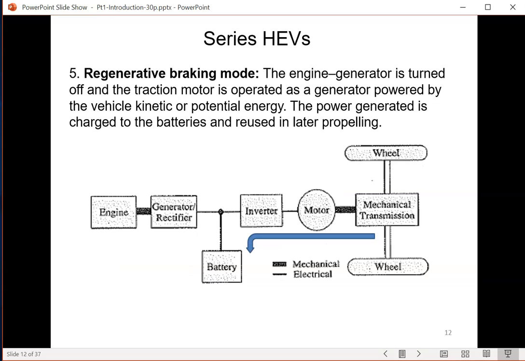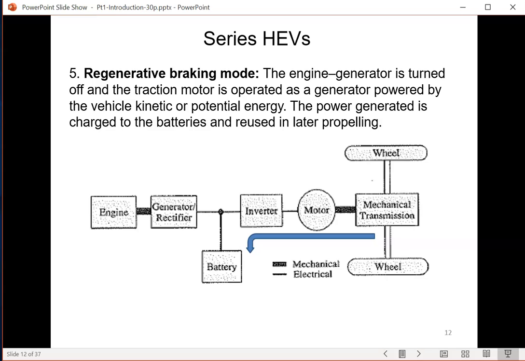The next mode is when you are braking. In this case, we don't need the engine anymore. We can actually switch off the engine. The engine is not doing anything, and therefore it's not wasting fuel.